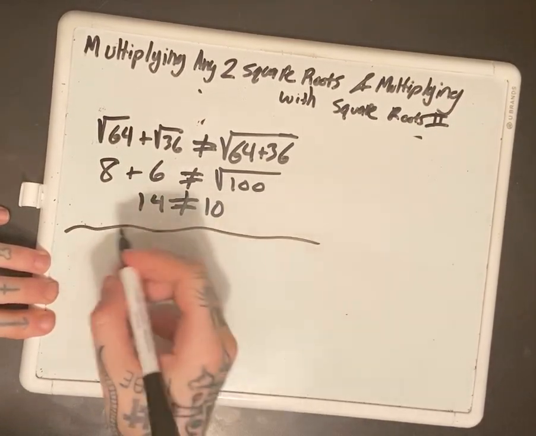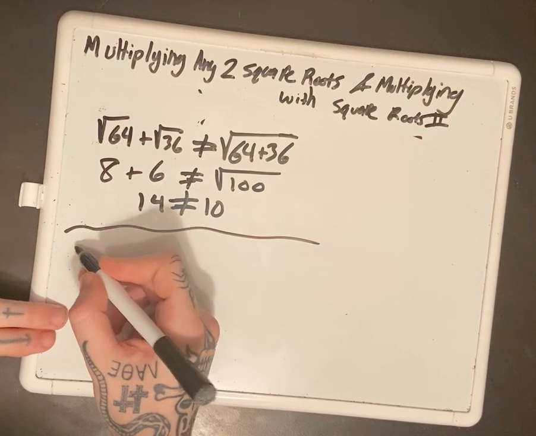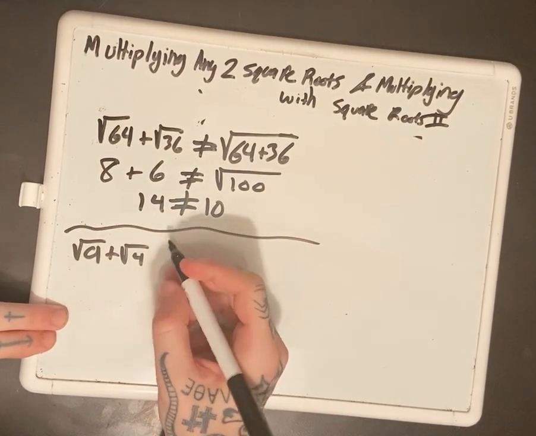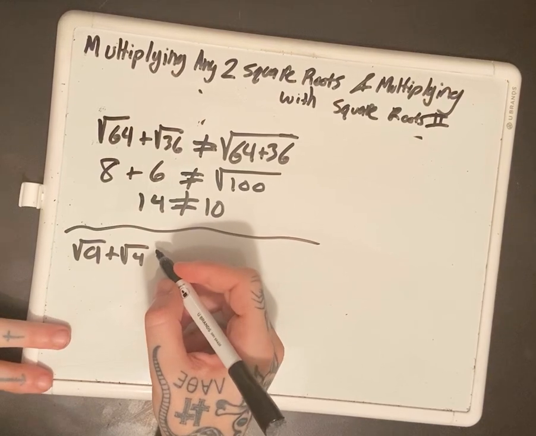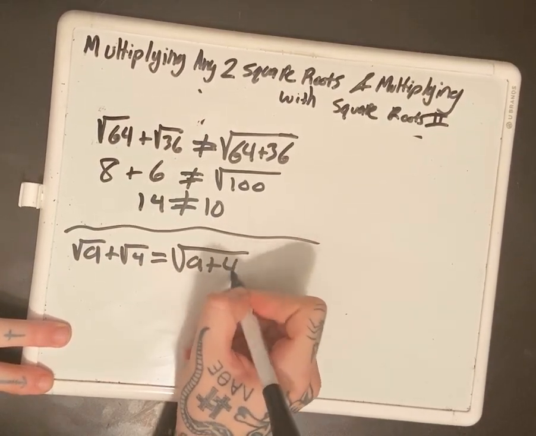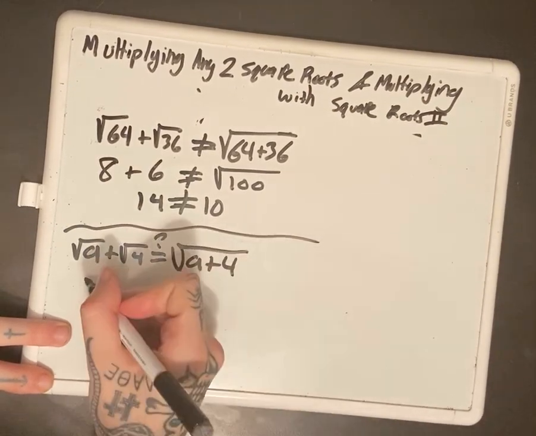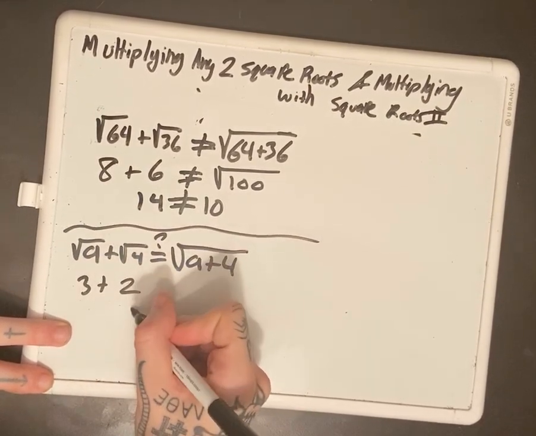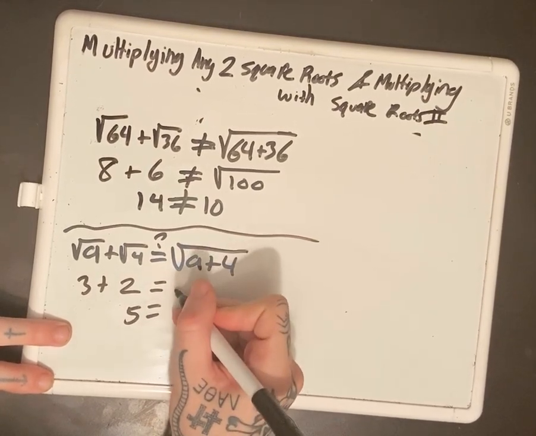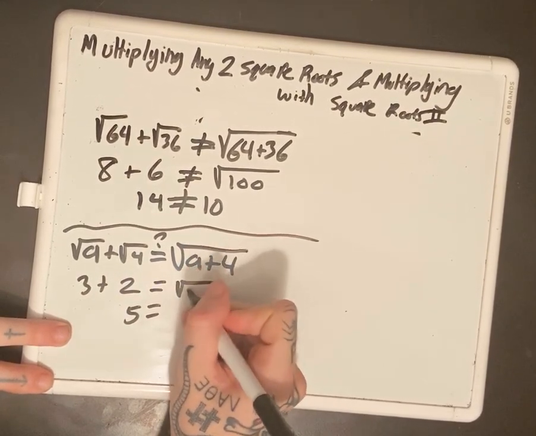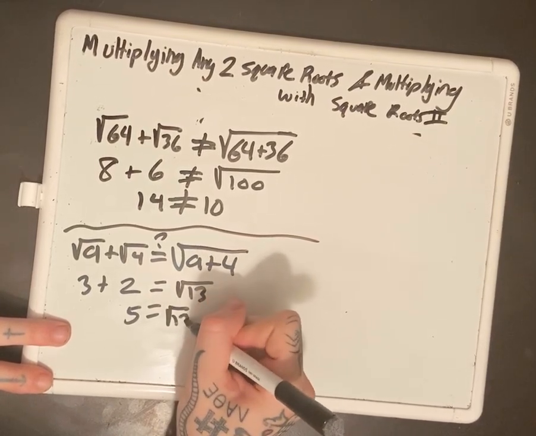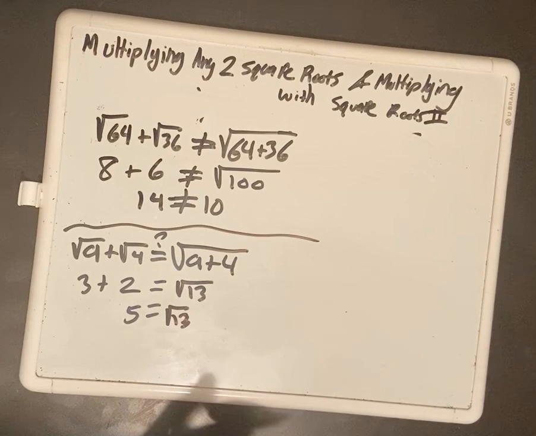One more example, or a question. Square root of 9 plus square root of 4 equals square root of 9 plus 4. Are they equal? 3 plus 2, we get 5. 9 plus 4 is square root of 13. I can tell you right now that those aren't equal.